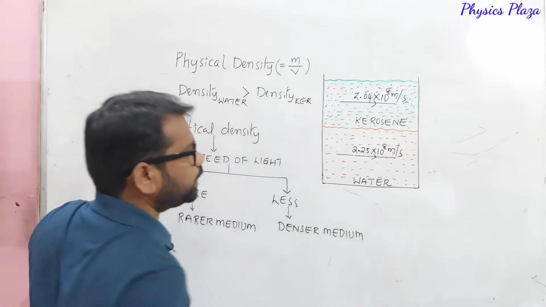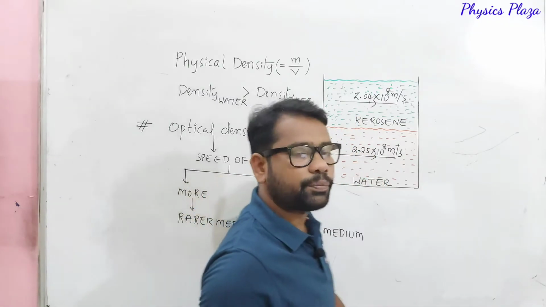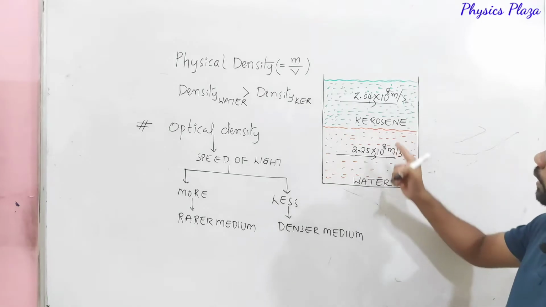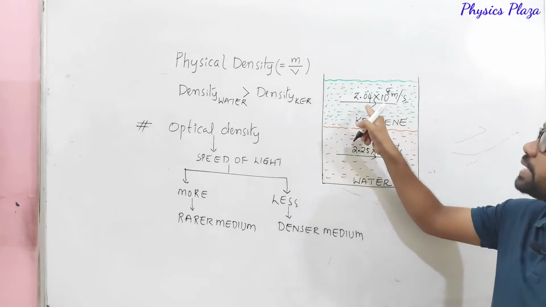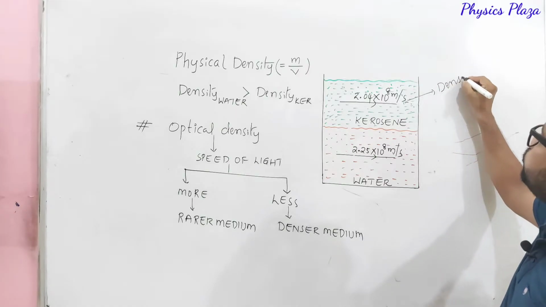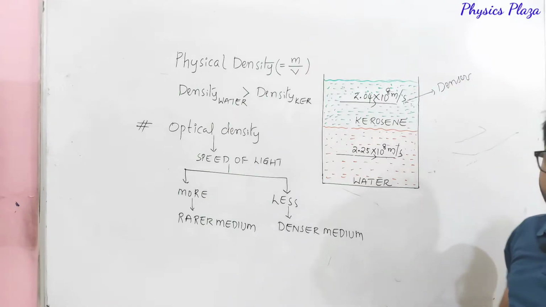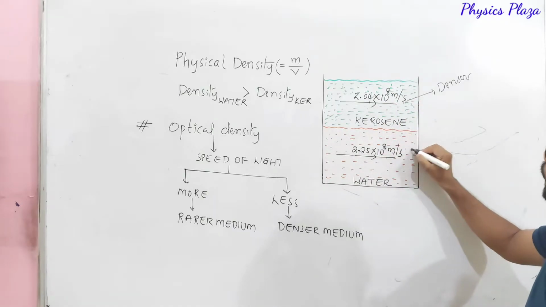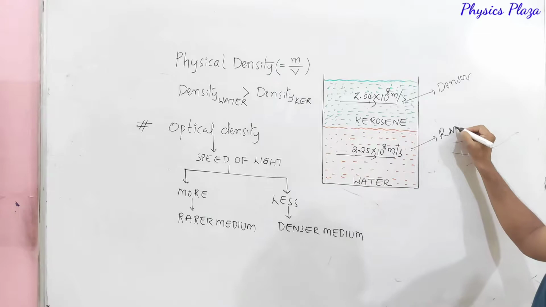Now, dear children, look here. In kerosene and water, which one is the rarer medium and which one is the denser medium? It is very clear that when compared with water, the speed of light is less in kerosene, so it is the denser medium. Whereas, when compared with kerosene, the speed of light is more in water, and it is called the rarer medium.